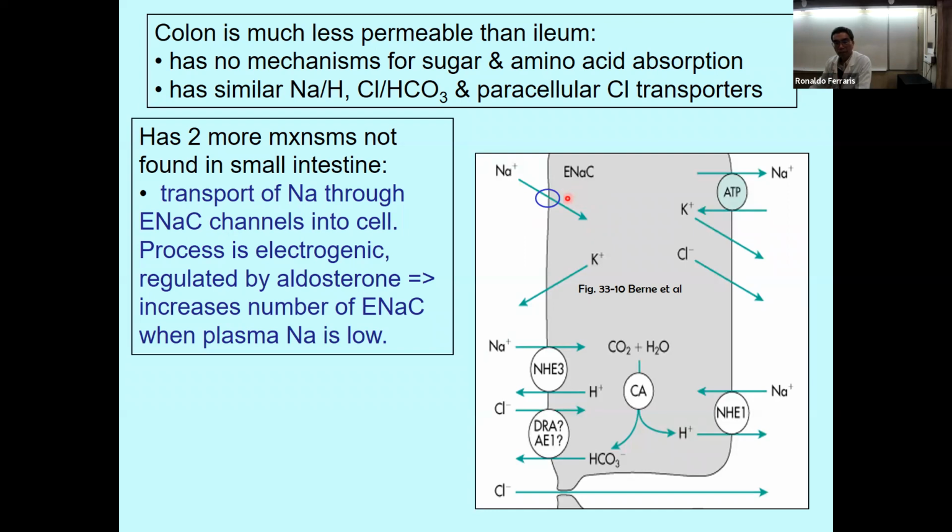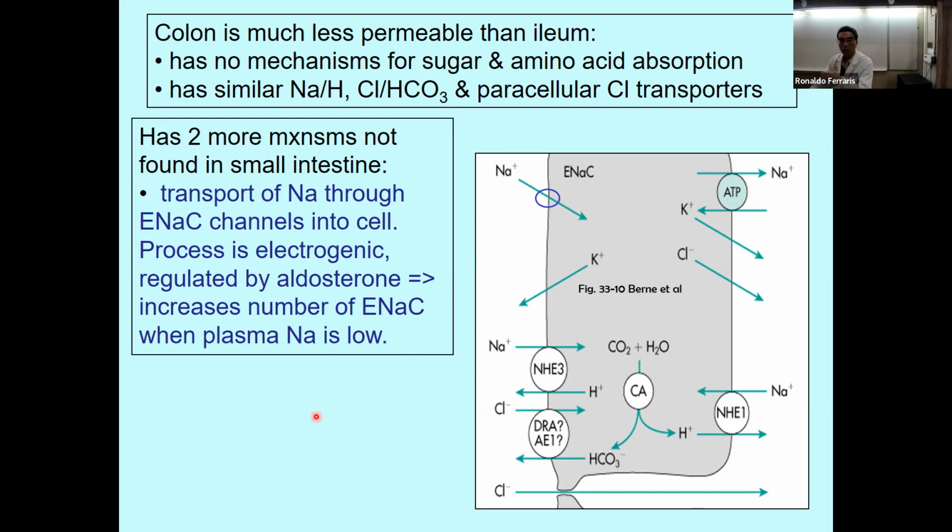So here the ENaC is found here, and this is under the regulation of the hormone aldosterone, so that this aldosterone increases the number of ENaC channels when plasma sodium is low. So we release aldosterone when plasma sodium is low, and then we reabsorb sodium that's essentially found in the colonic lumen.